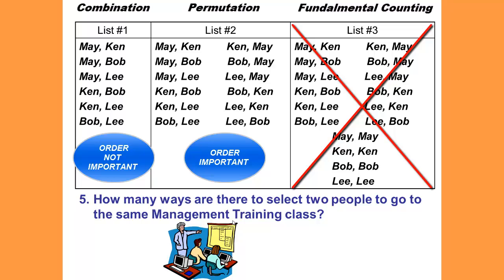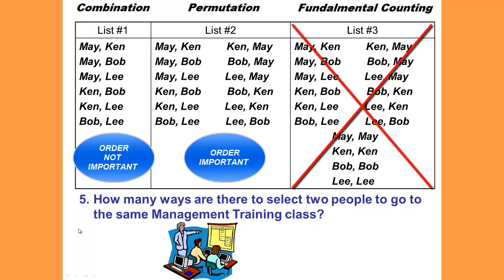Next, decide about order. Does it matter if you are notified first or second about this training? Is there any job title or difference in the way that you're selected to go to this class? No. Each person selected gets the same training at the same time.